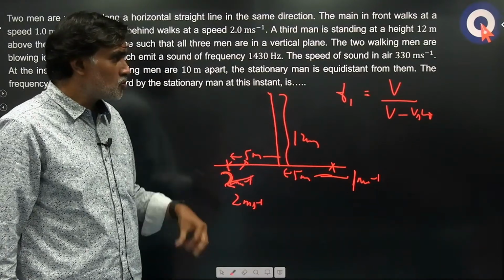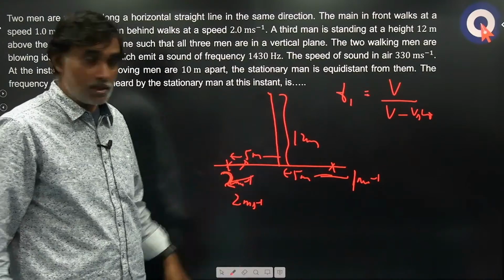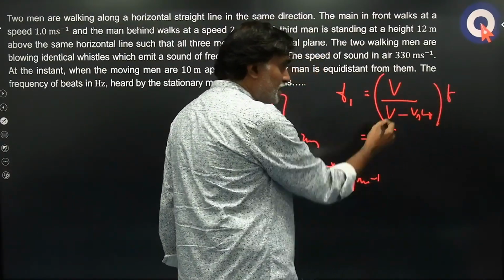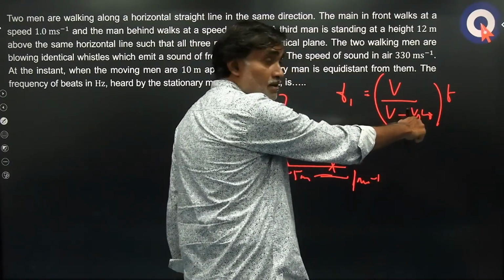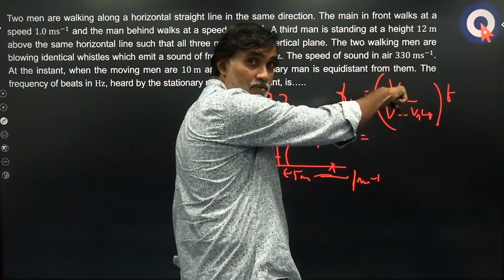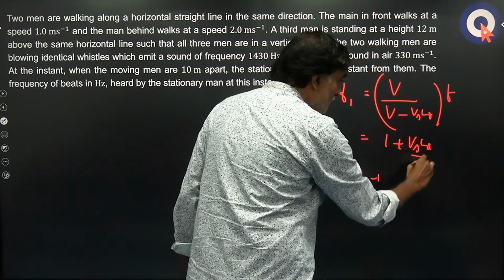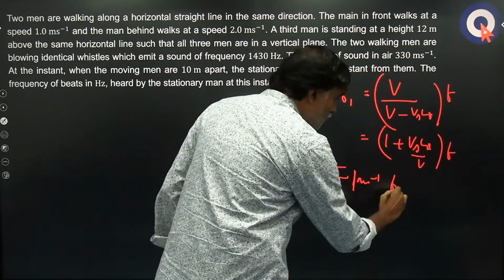But the source velocity is very small compared to the sound velocity, so we can use the binomial expansion. If I take v common, I get 1 minus vs cos theta by v whole to the power of minus 1, which can be written as 1 plus vs cos theta by v, into f. Similarly, what is f2?